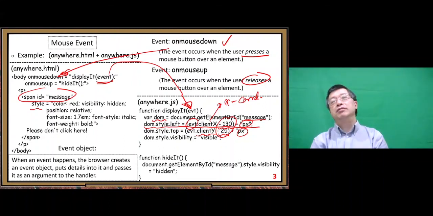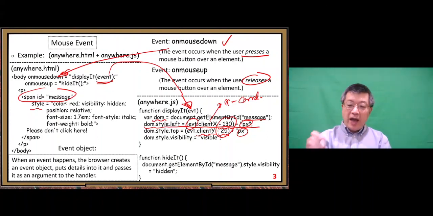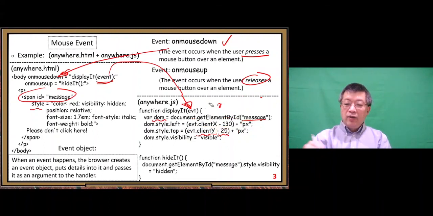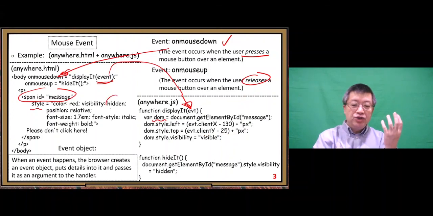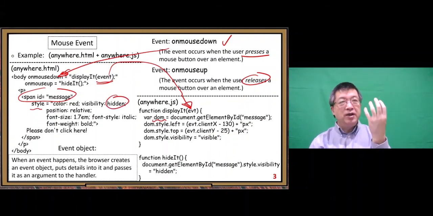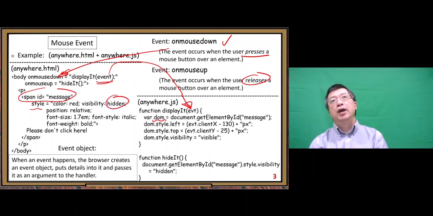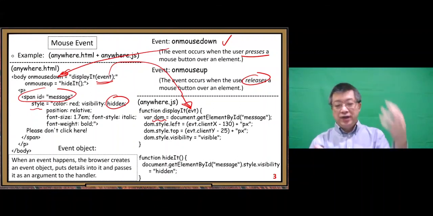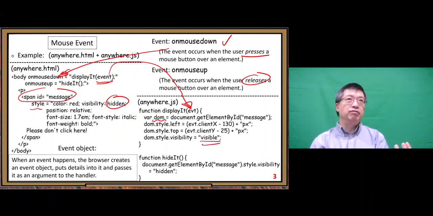Then you use that number. Make adjustments through experiments. After that, the original value of visibility is hidden, and now we want to show it. So we change it to visible, so you can see it.